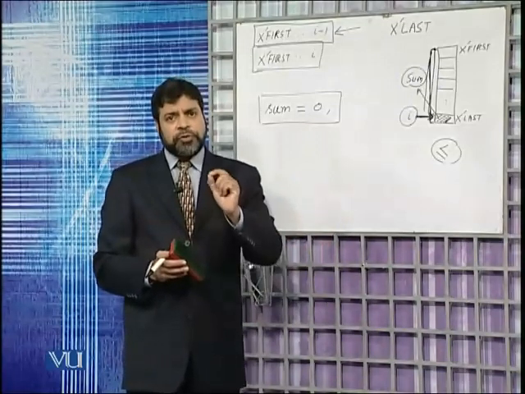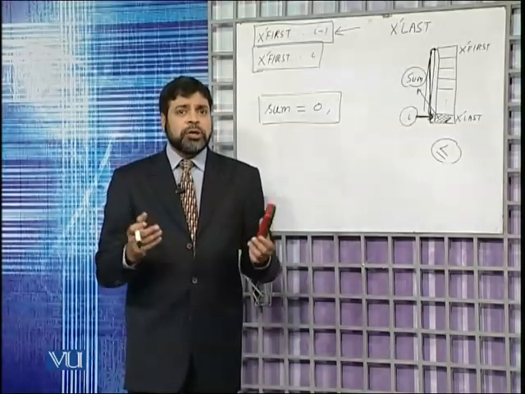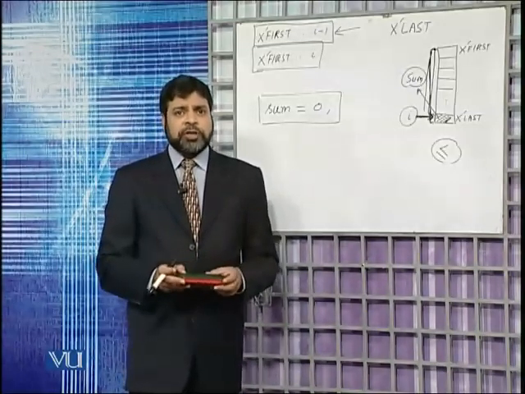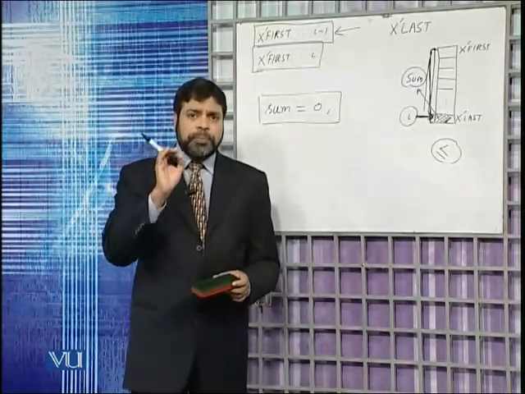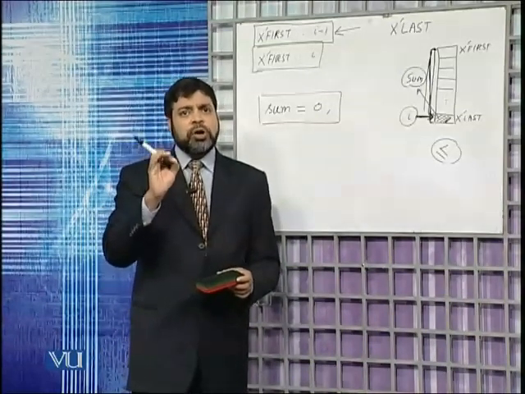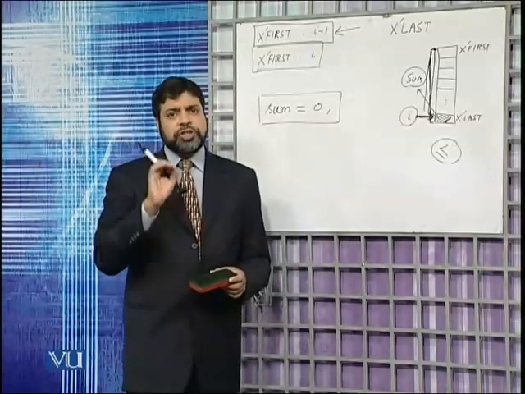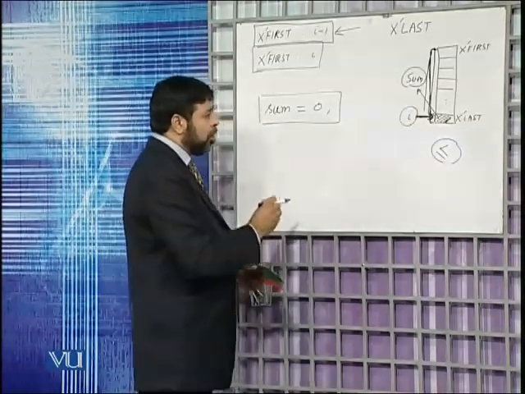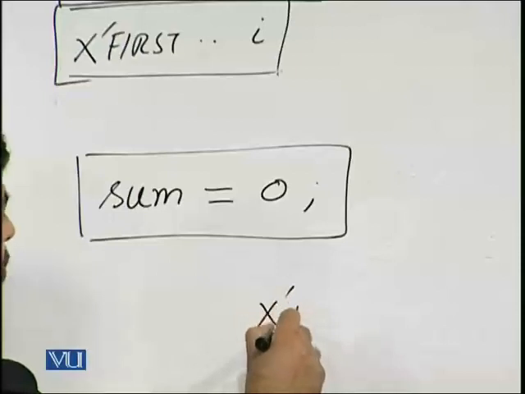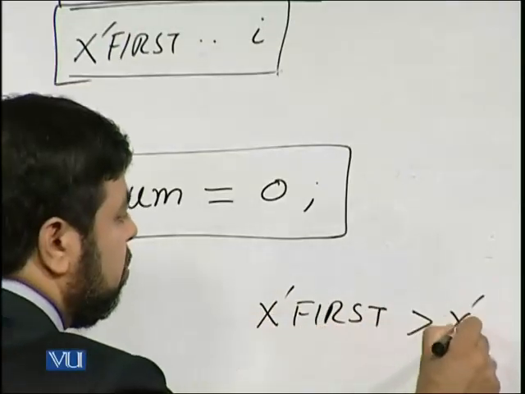But if you want to have a proper thing, that is, you don't want that kind of situation to occur, then in that particular case, you need to impose some restriction on the input. And what is that restriction? The problem occurs when x first is greater than x last.